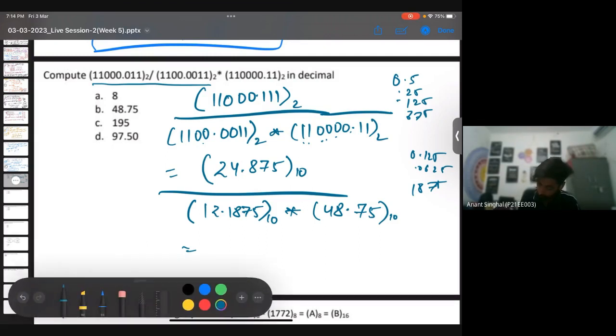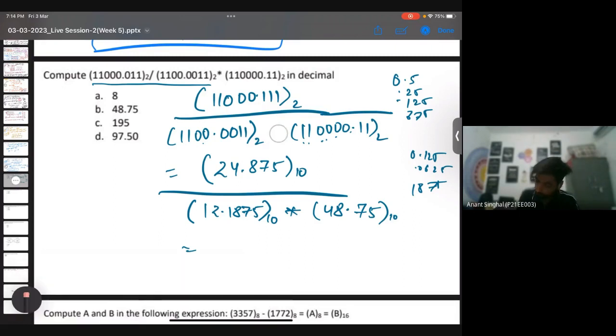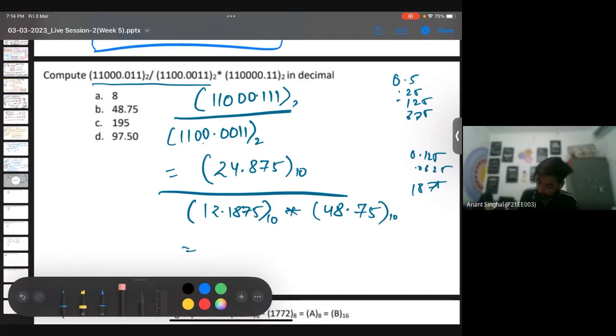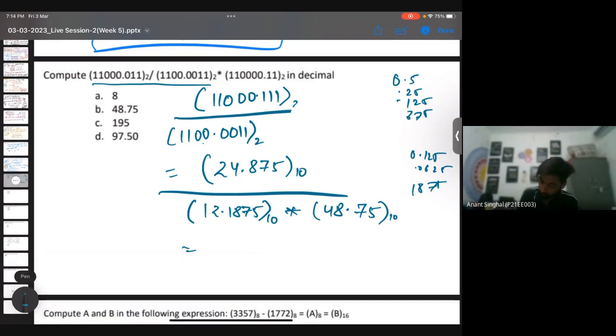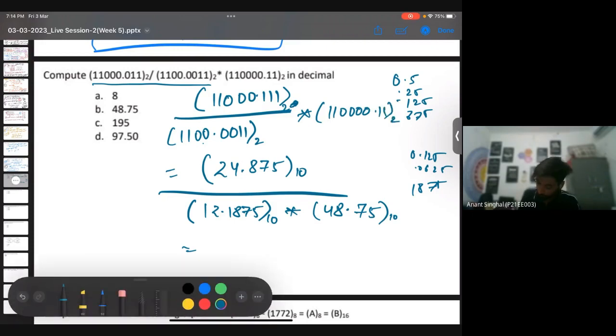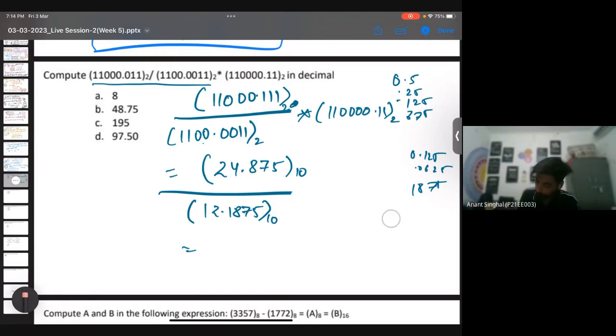Maybe, yeah. So this whole part is the complete multiplication into this 11000.11 to the base 2, which was 48.75.